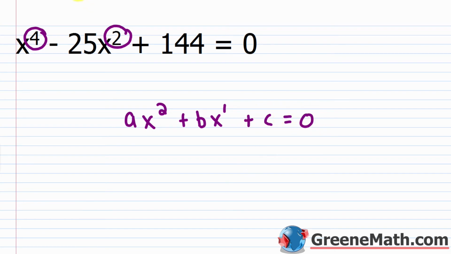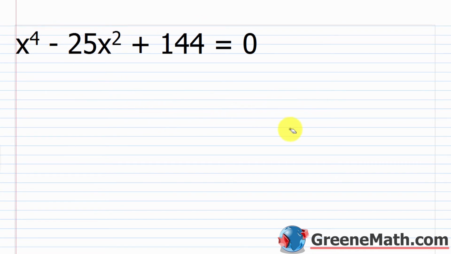So notice how this larger exponent is double that of the smaller. It's the same thing here. The larger exponent is double that of the smaller, or you could say the smaller exponent is half of the larger. So we see that pattern, and we also see that we have a constant here, and we have a constant here. So we can say that this equation is quadratic in form. So what we can do is make a little substitution.